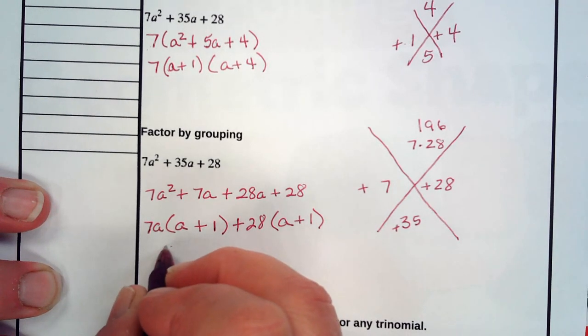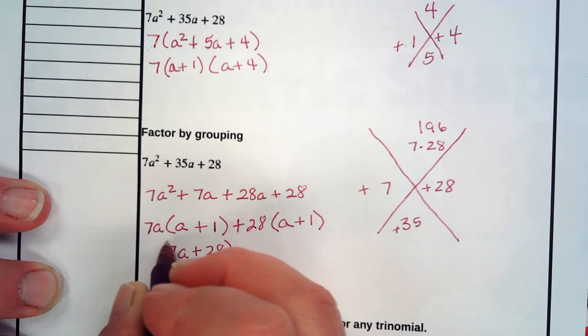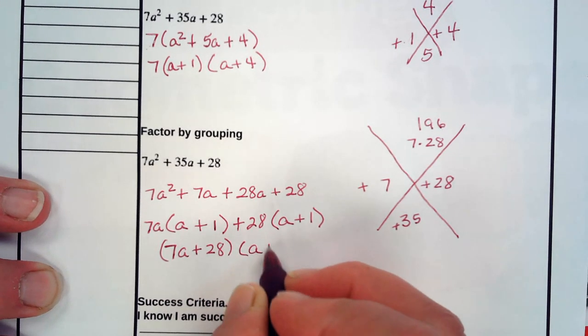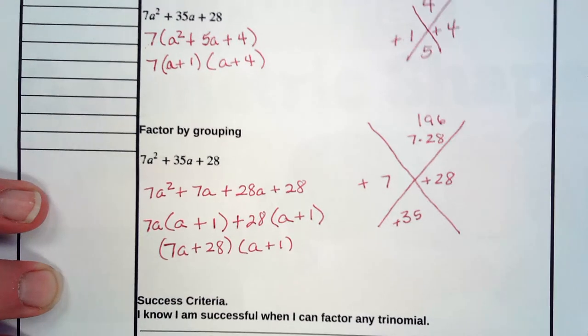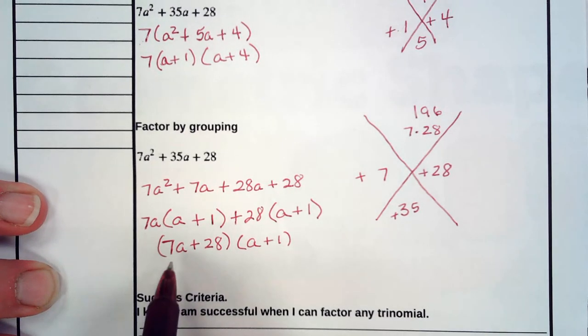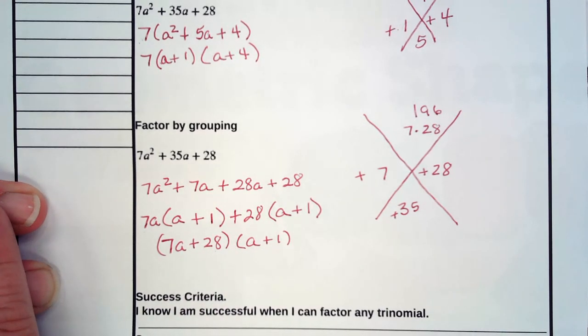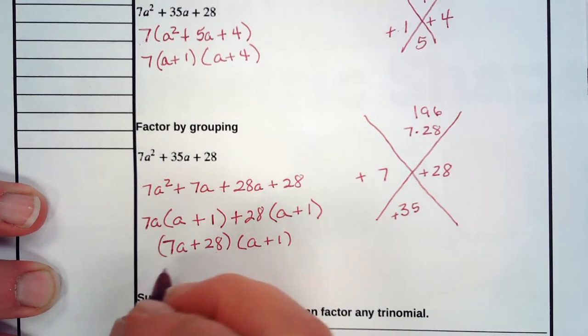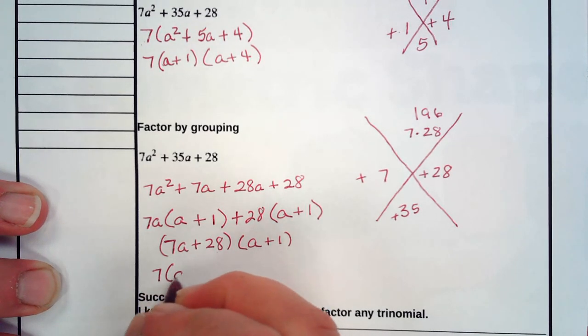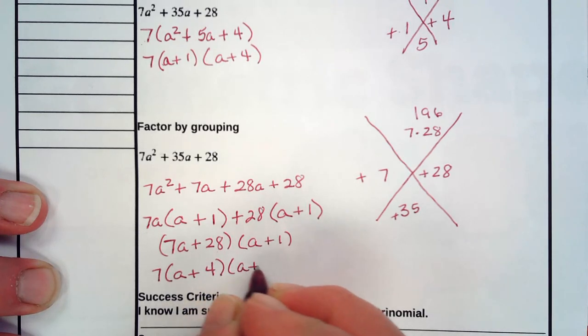I end up with 7a plus 28 times a plus 1. And you're going to look at, well, that doesn't look the same. No, it doesn't. But we've got one more step. I need to factor out the 7, because 7a and 28 have a common factor of 7. So this is 7 times a plus 4 times a plus 1.